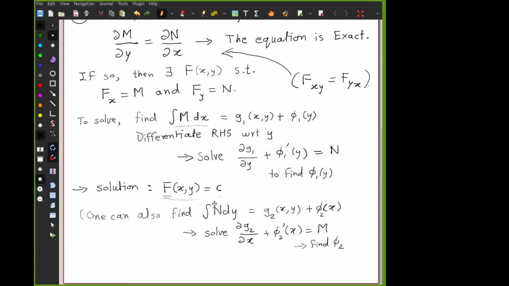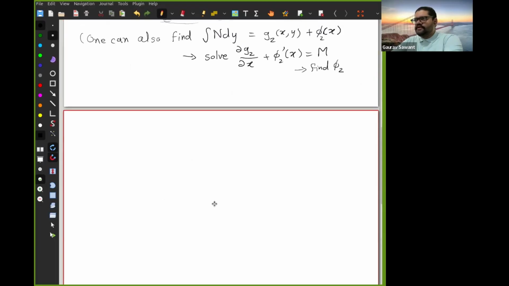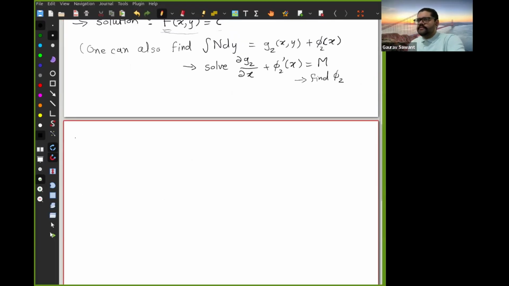Then let me add a page. Most of the time, what will happen is that you can separate this thing out in the form M dx plus N dy equal to 0.